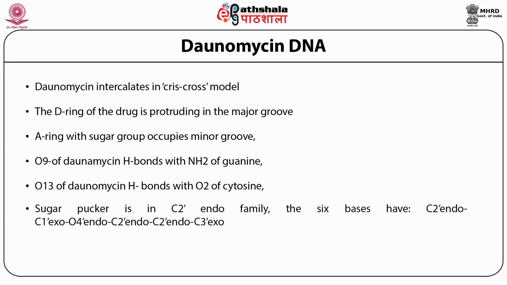Sugar pucker for all the 6 bases belongs to the C2-endo family, not C2-endo, C3-endo as in the case of intercalators with dinucleotide duplexes. The 6 bases in this case have sugar puckers: C2-endo, C1-exo, O4-endo, C2-endo, C2-endo, and C3-exo.